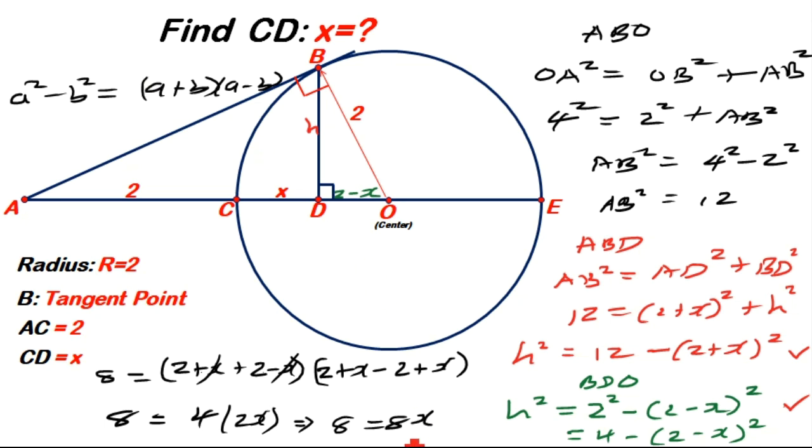So if 8 is equal to 8x, if you divide both sides by 8, then you get x equal to 1. So it means the length CD, the value of x, is 1. So the length CD, the value of x, is 1 unit.